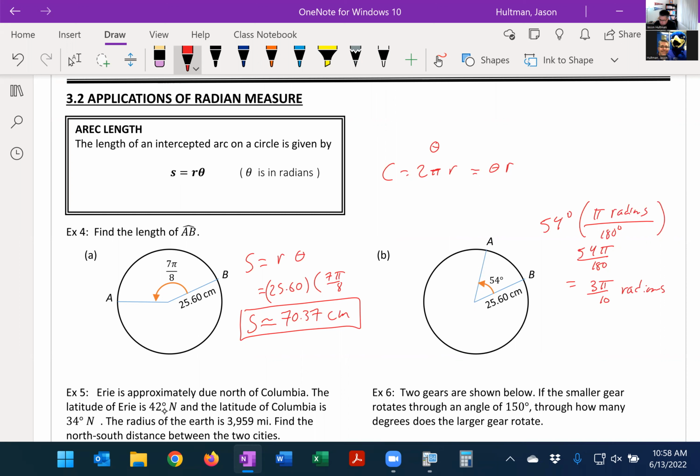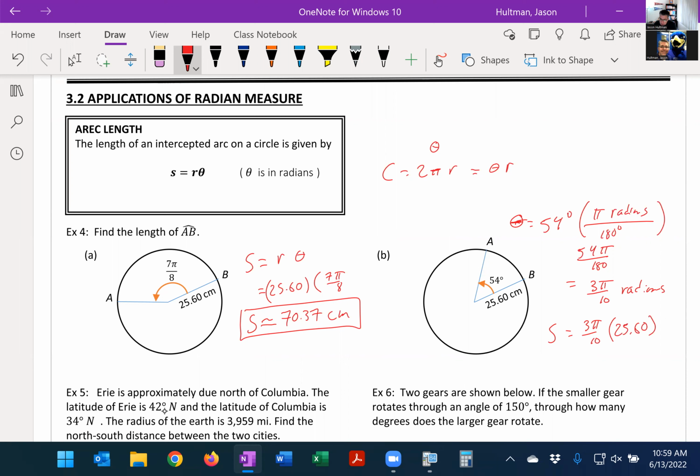radians. Now I have my angle theta in terms of radians, and now I can find the arc length by just multiplying that by the radius, which is 25.60.